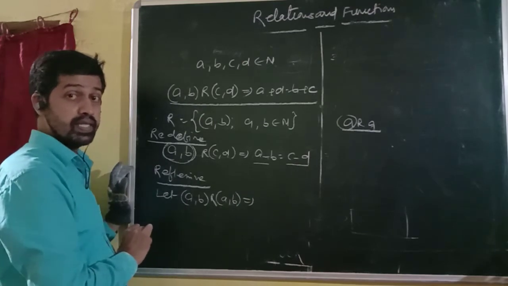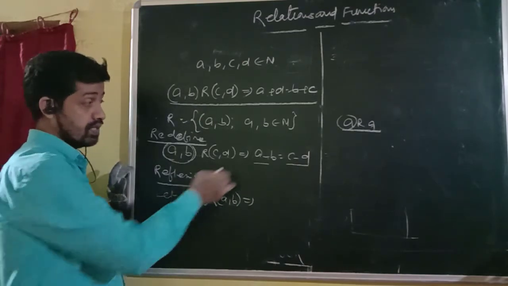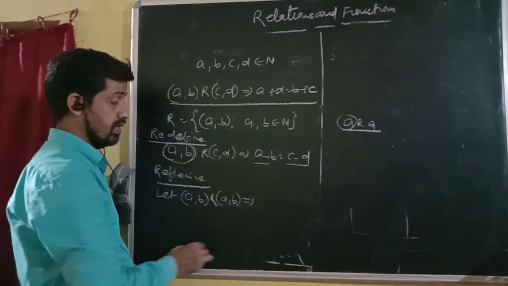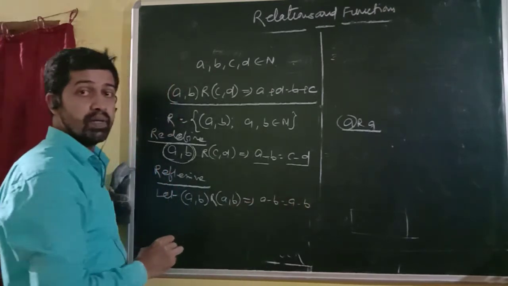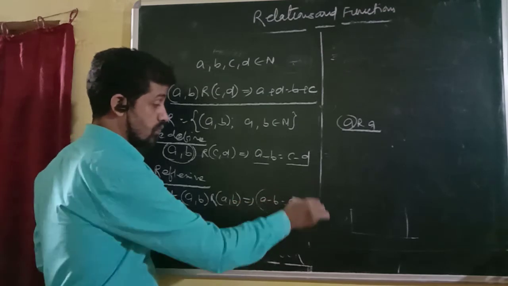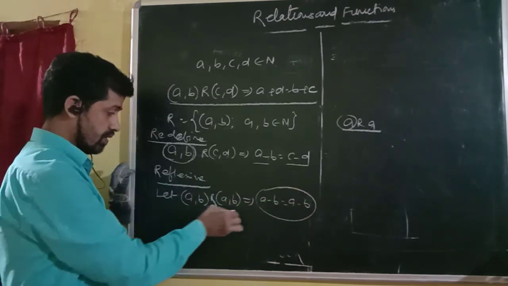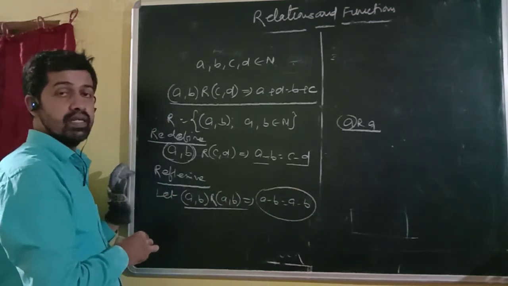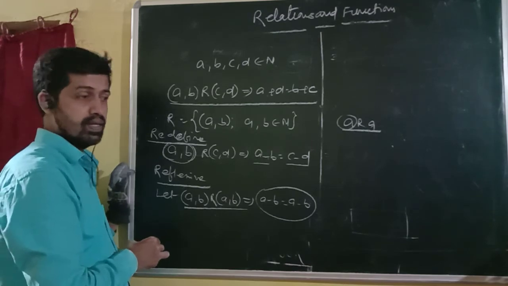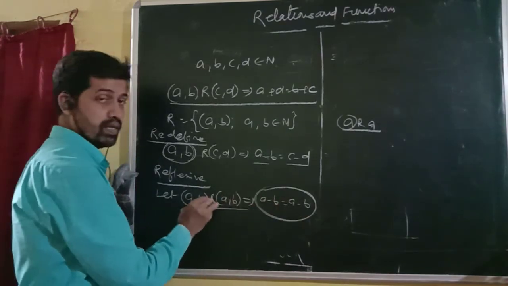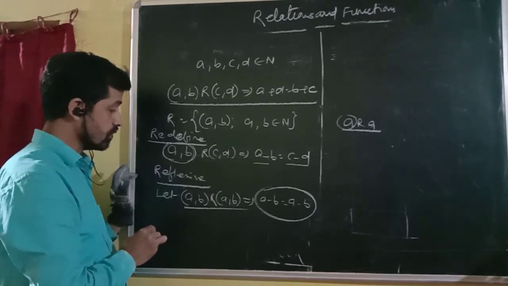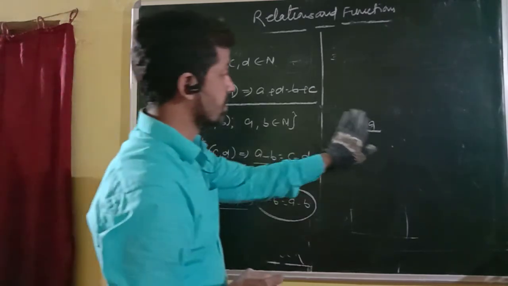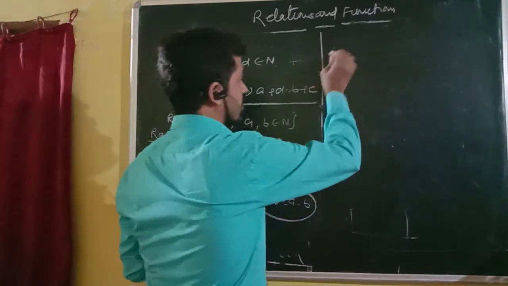Now if AB is related to AB, the condition is what? This condition we have to check out. So it will be A minus B equals A minus B, and this is true. Therefore this relation is reflexive. This we got it. Now we go for the symmetric relation, which is easier.